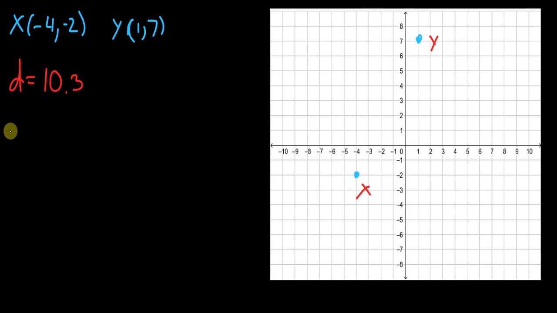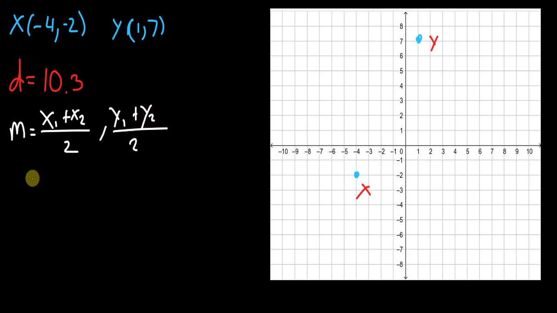How about the midpoint? So midpoint is equal to x sub 1 plus x sub 2 over 2 and y sub 1 plus y sub 2 over 2. So x sub 1 is -4 plus x sub 2 is 1 over 2.